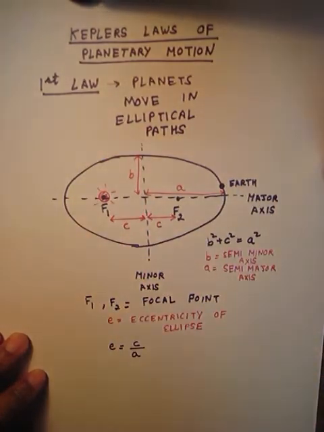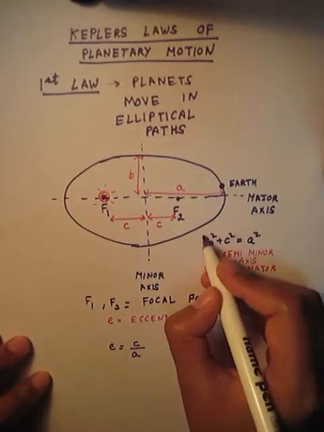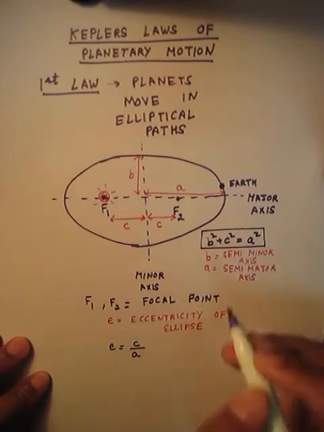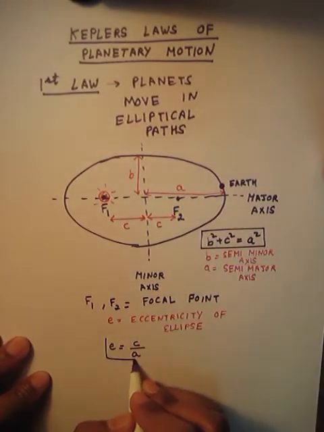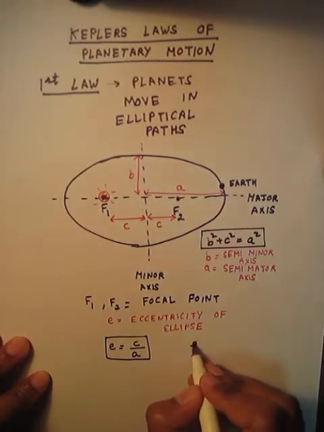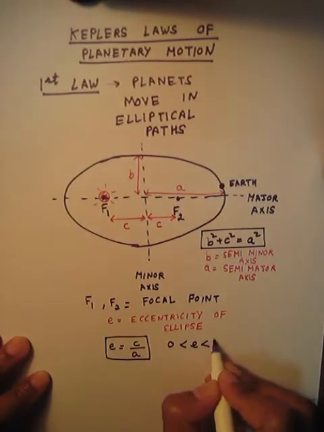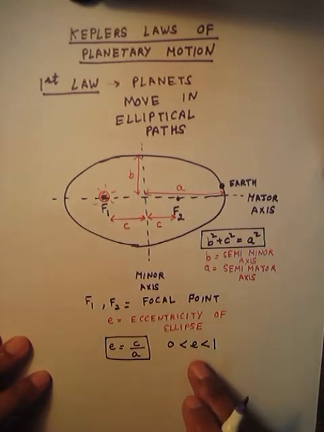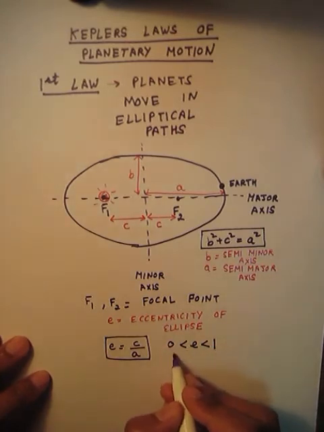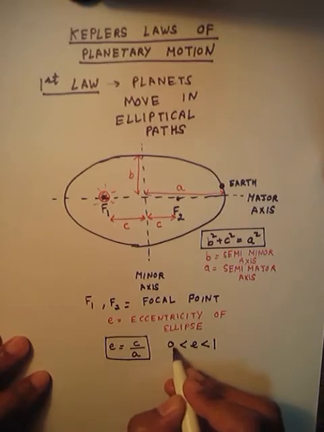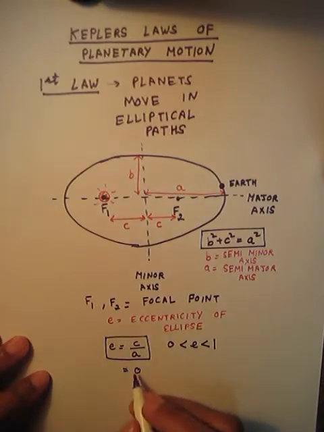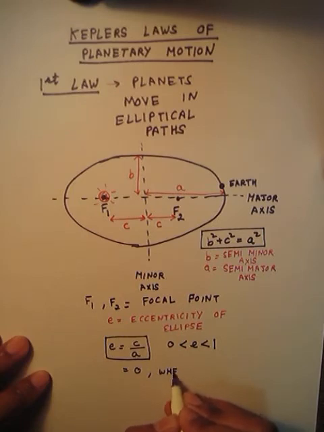These are all the properties of elliptical motion, and we need to know all these relations so that we can use them for solving problems based on these expressions directly. So b squared plus c squared is equal to a squared, and eccentricity is equal to c upon a, and eccentricity varies from 0 to 1. It means that when there is no eccentricity, E will be equal to 0, and E will be equal to 0 when C will be equal to 0.